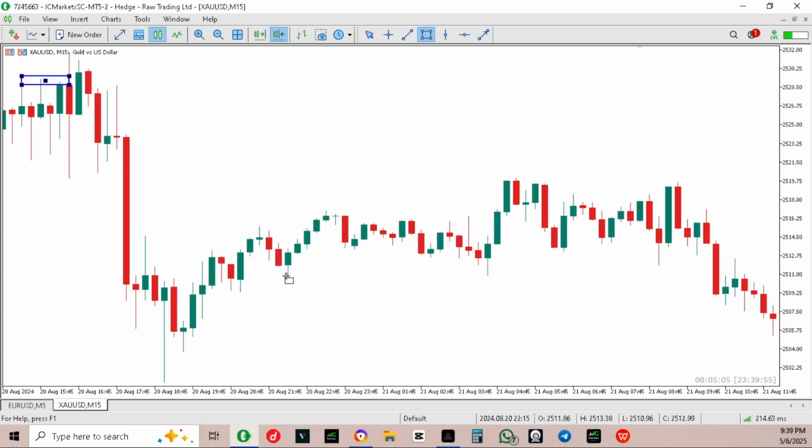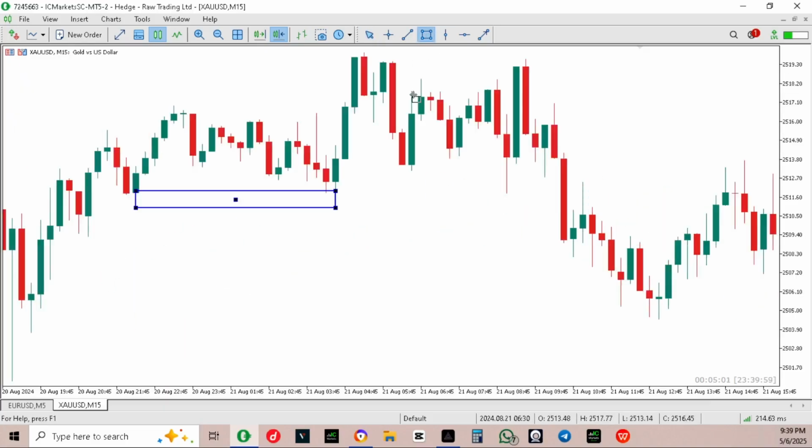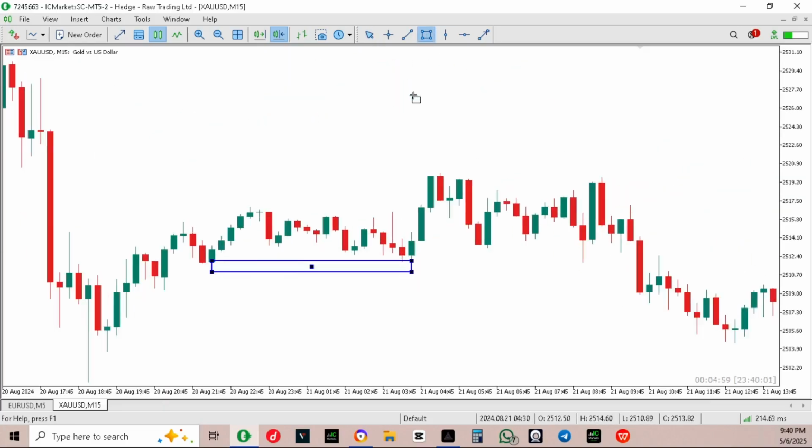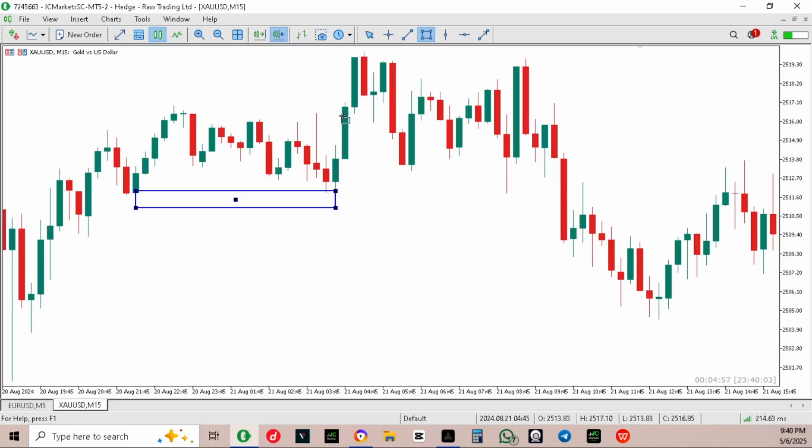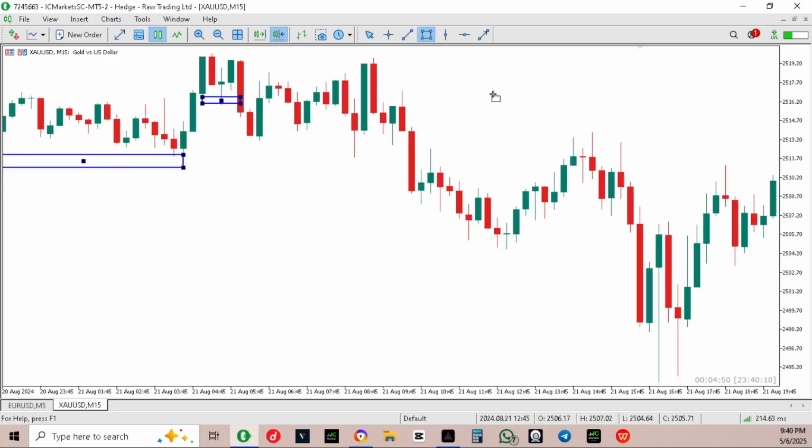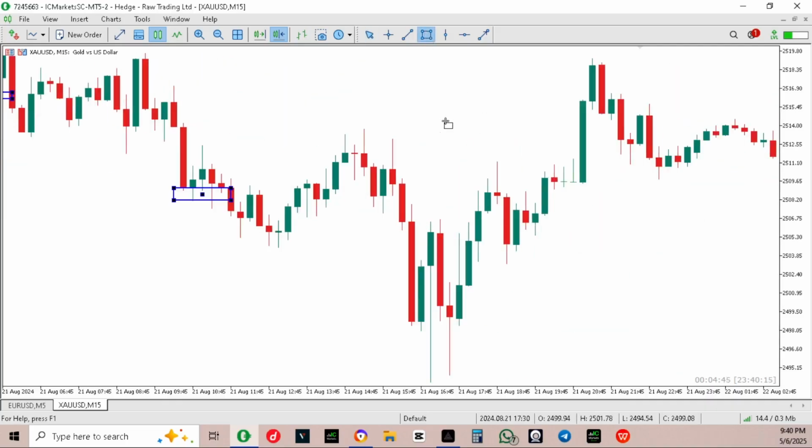Then we have another bullish harami here again, also with a loss, and it's okay. Another bullish harami with a loss, bullish, negative.